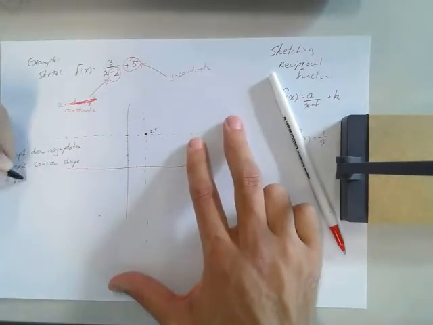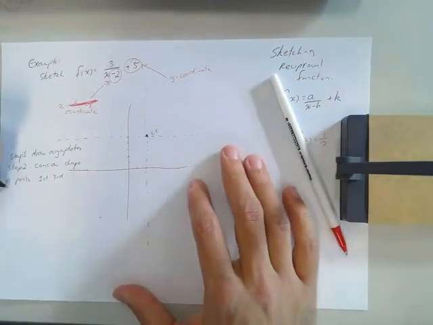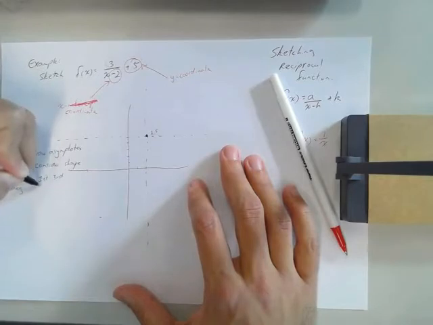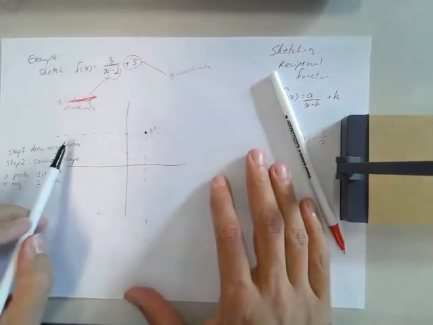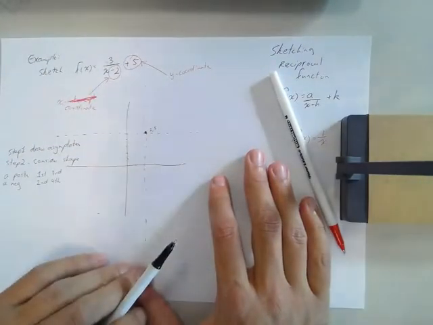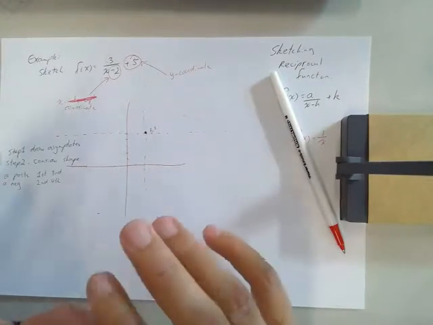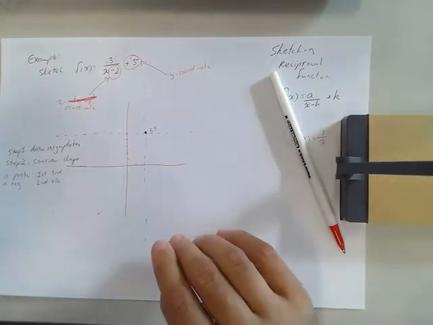It's going to be in the first and third quadrants. Boom, boom. And if a is negative, obviously it's going to be in the second and fourth quadrants. So we can see a is positive. So the rough general shape is going to be there, there.